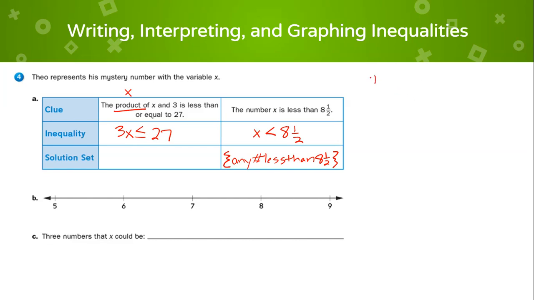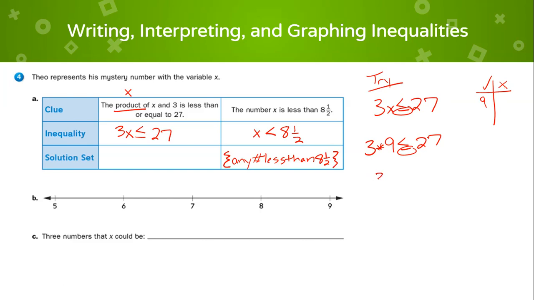So let's see what makes it equal. Oh, this is a math fact. 3 times 9 is less than or equal to 27 because it makes it equal. So my little chart, 9 works, okay?